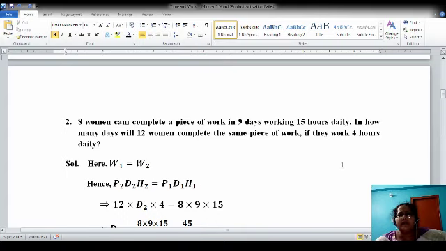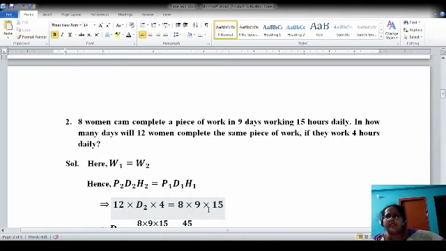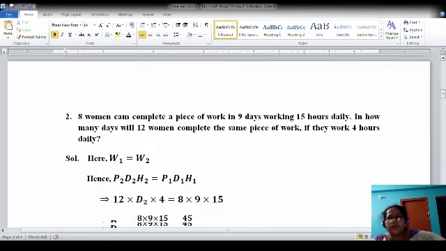In the second situation, the question is in how many days, so D2 is unknown, and 12 women are working 4 hours daily. And in the first situation, 8 women are working 9 days, 15 hours daily. So I hope the equation is very clear, and from here you can solve for D2.